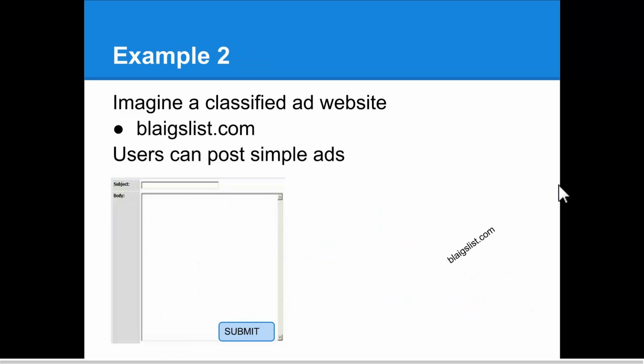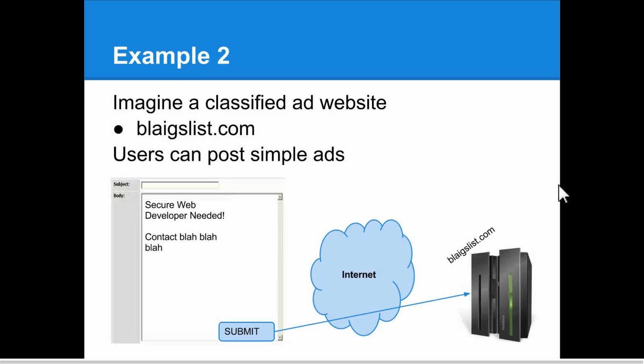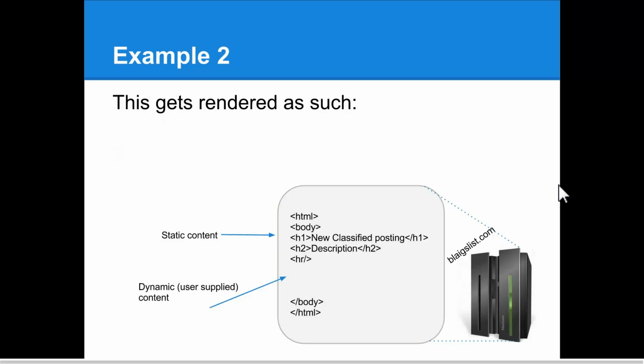So the second example is, imagine some classified ad website. Let's just go with bladeslist.com. So users can post very simple ads, blah, blah, blah, secure web developer needed, and they send this off to the web server. Now, this gets inserted into a database, and then when users view the available ads, each ad gets rendered into an HTML page.